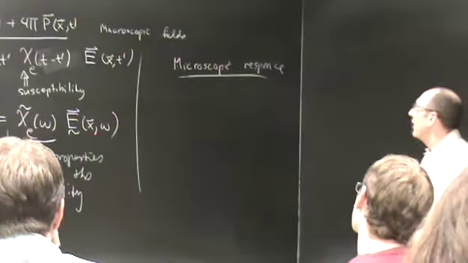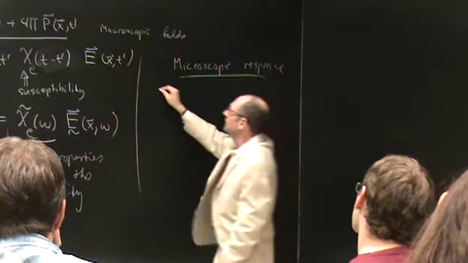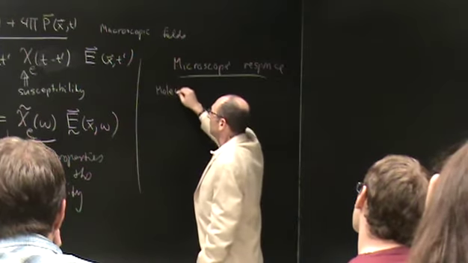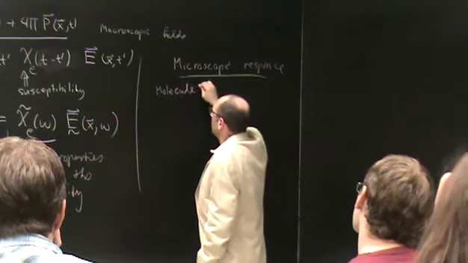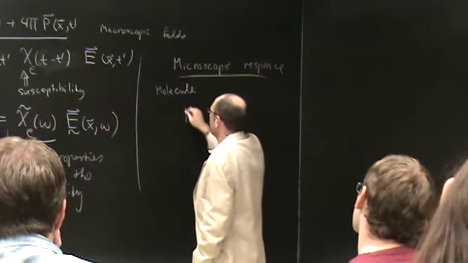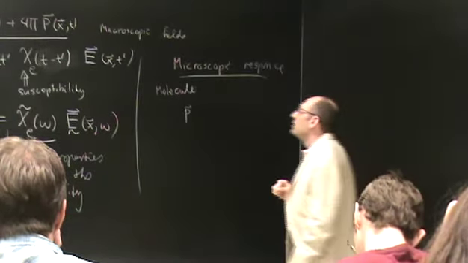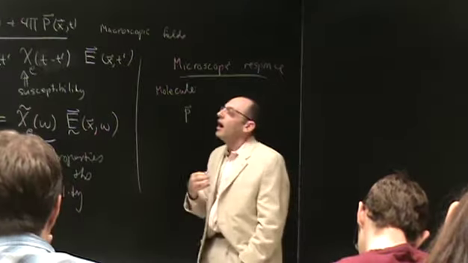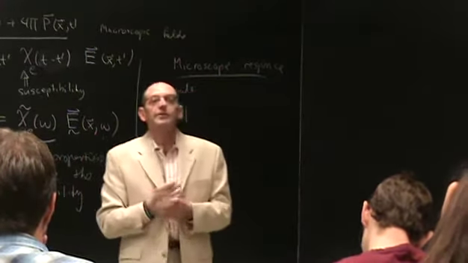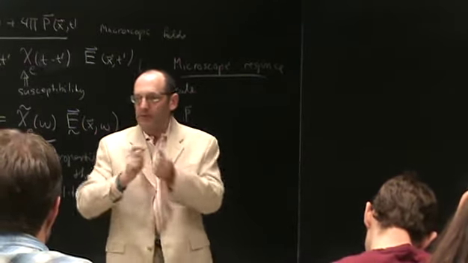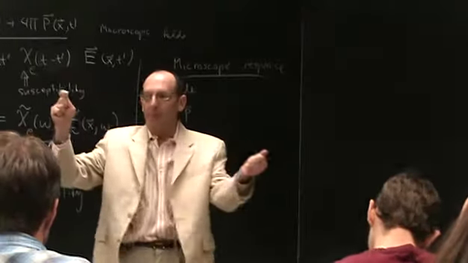So if I want to think about it microscopically, I think about some molecule which has some induced electric dipole moment, which depends on the field that is present. Okay, so the field induces a dipole moment.